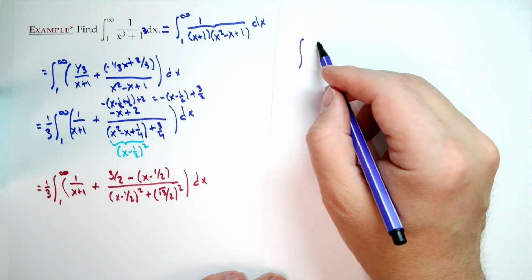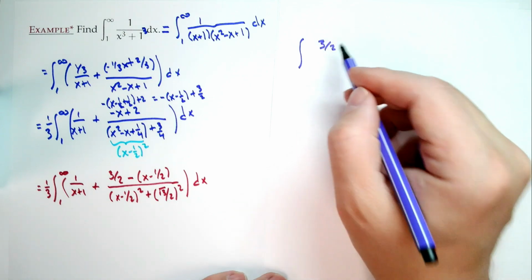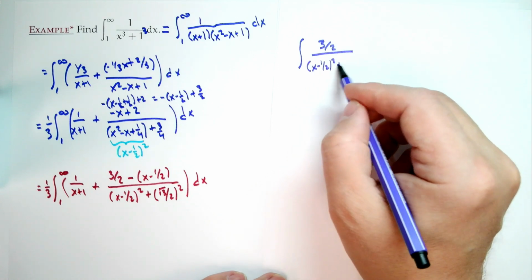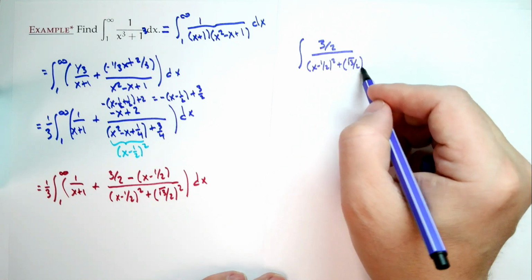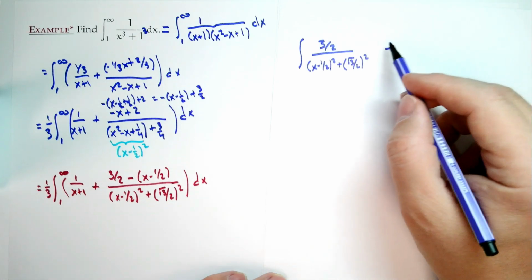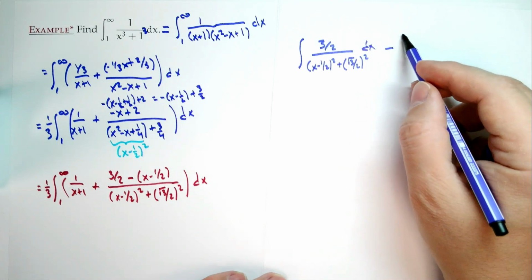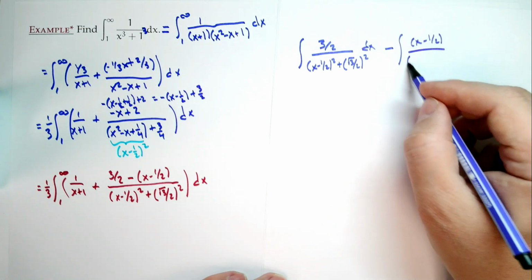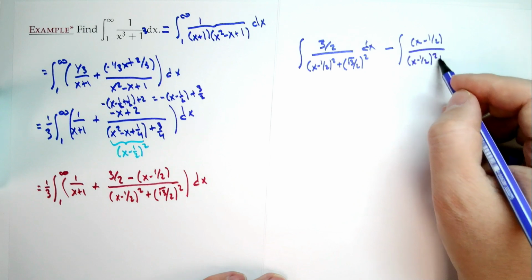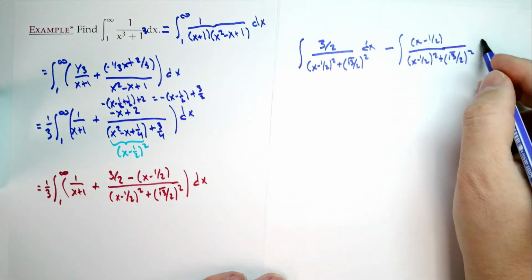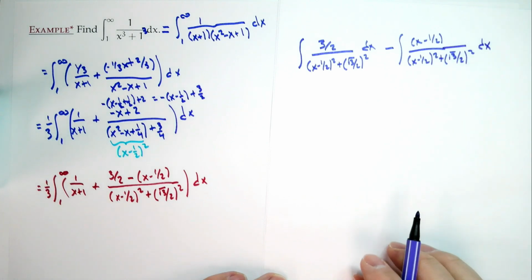So I'm going to have two parts to it. 3/2 over x minus 1/2 squared plus square root of 3/2 squared, and then minus, well, this will be its own integral, x minus a half over x minus a half squared plus square root of 3 over 2 squared. All right, so those are our two pieces.